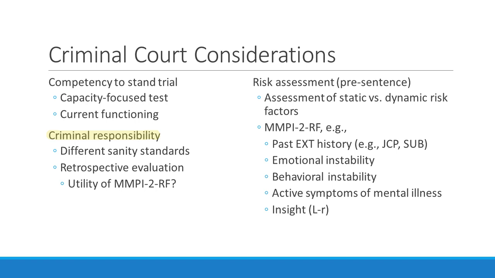And in fact, some people have questioned what is really the utility of using the MMPI-2-RF in these types of evaluations, given that the RF certainly will not give you information specifically about how the person is doing at the time of the offense, especially if the evaluation is taking place several months, if not years, after the offense was initially committed. But I argue it's still quite useful for 2 reasons.